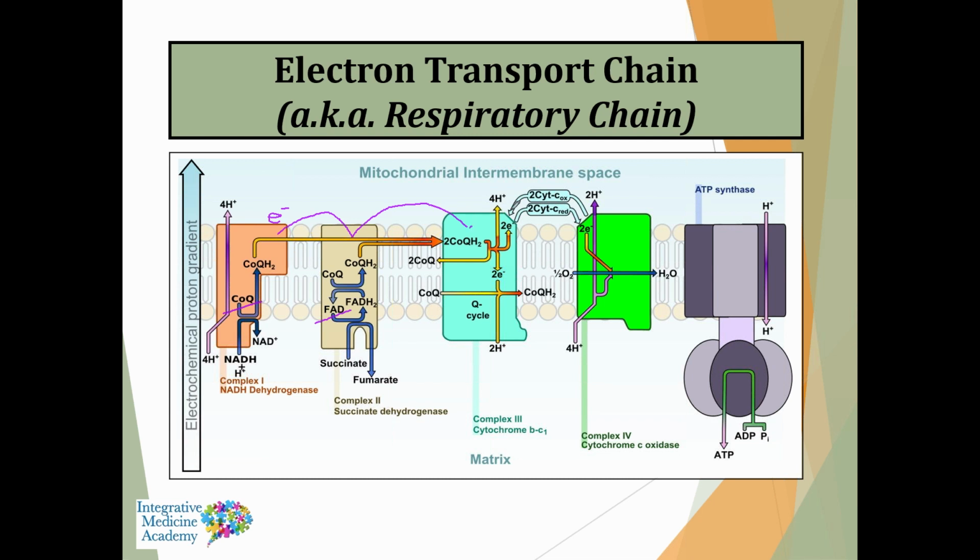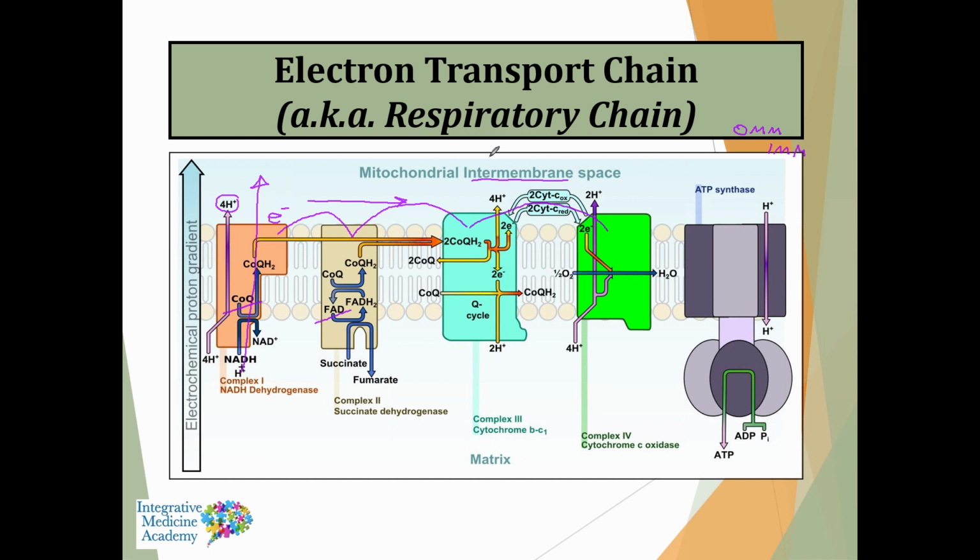So we're moving electrons from one complex to the next, and that movement of electrons is allowing for a proton gradient, or hydrogen gradient effect, where we start to pump out positively charged hydrogens, or protons. And in the intermitochondrial space, so if we think of this line up here as being the outer mitochondrial membrane, for example, and right here is the inner mitochondrial membrane, right?